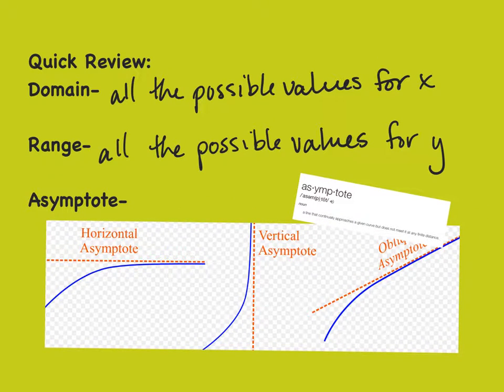So we note asymptotes with a dashed line every time. Vertical asymptote. We're not going to do oblique asymptote, so we won't worry about that. But in one of the graphs today, you have a horizontal and a vertical asymptote. Let's see if you can figure out which one it is. This is the line approaching it, getting closer and closer, and mathematically speaking, it will never touch it. So that is what an asymptote is.